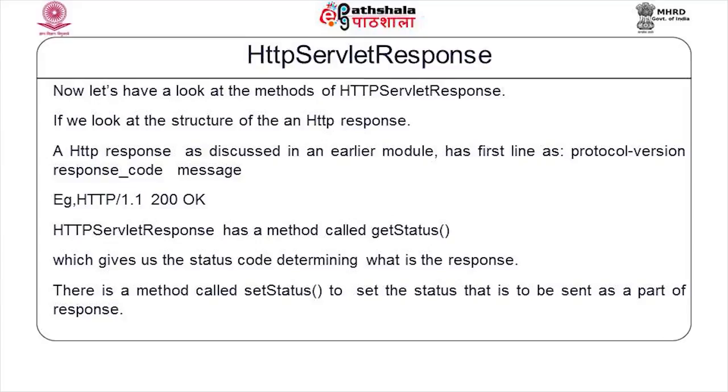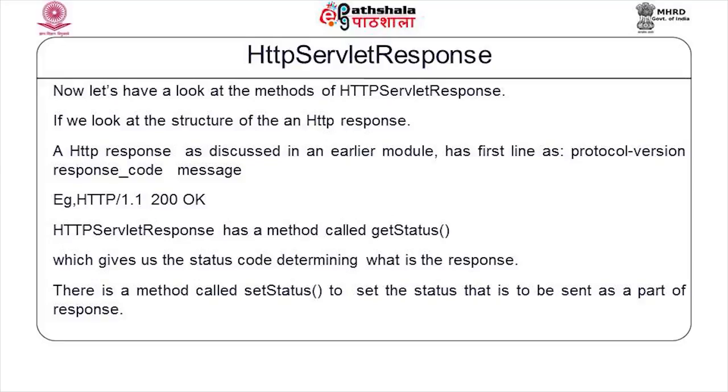Looking at the HTTP response, we know the first line specifies the protocol version, and then immediately following the protocol version is the 3-digit response code. And I think in the HTTP protocol we already discussed the meanings corresponding to the 3-digit codes.